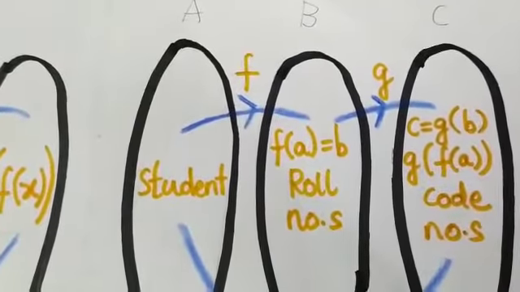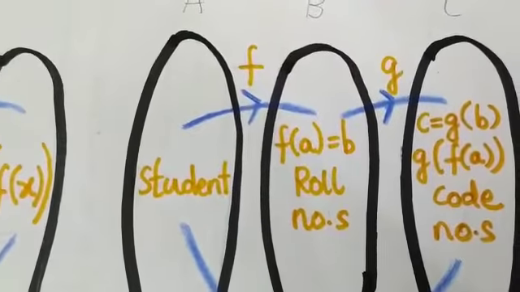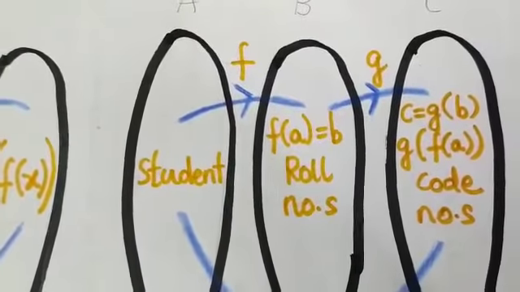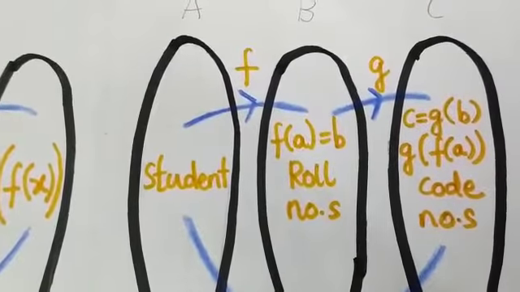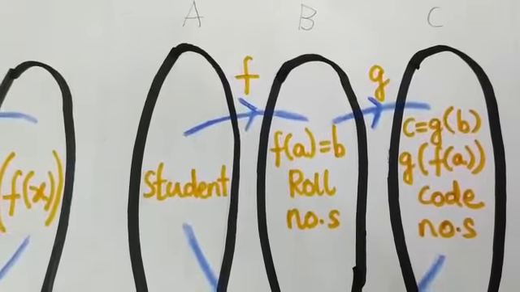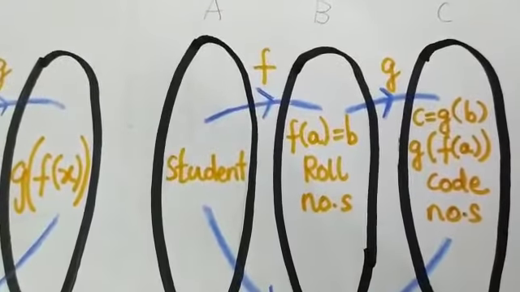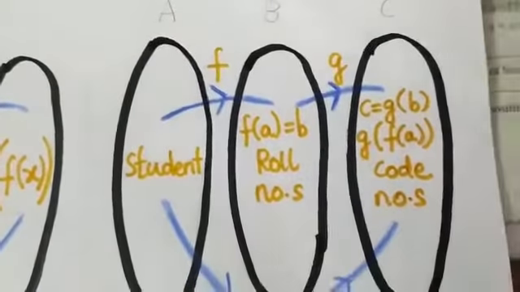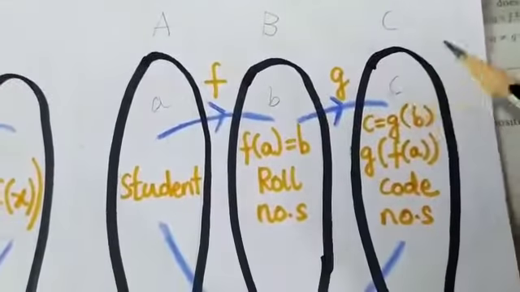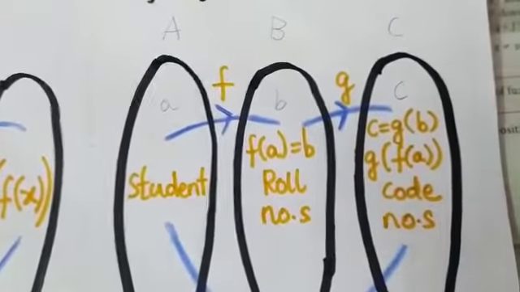This gives rise to two functions, f from A to B and g from B to C, given by b equal to f of a, the roll number assigned to student a, and c equal to g of b, the code number assigned to roll number b, where small a belongs to capital A, small b belongs to capital B and small c belongs to capital C.